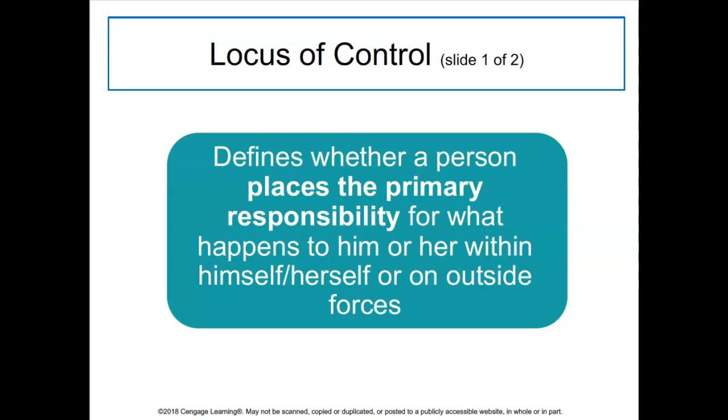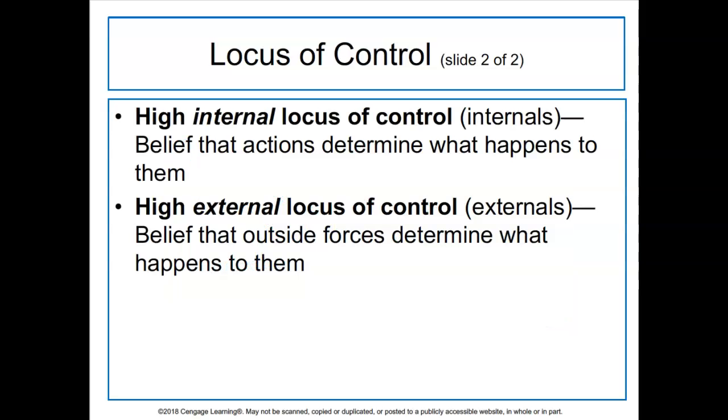So locus of control, this is a really, really powerful idea. And they say there are 2 types of people: people that have an internal locus of control and people who have an external locus of control.